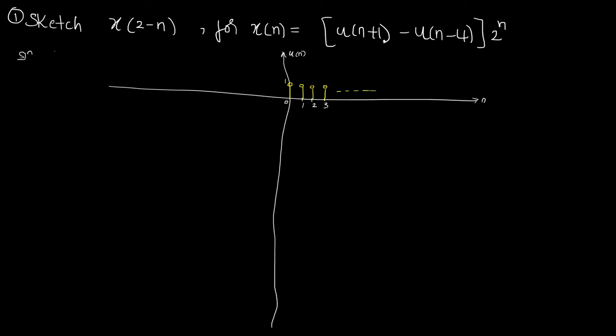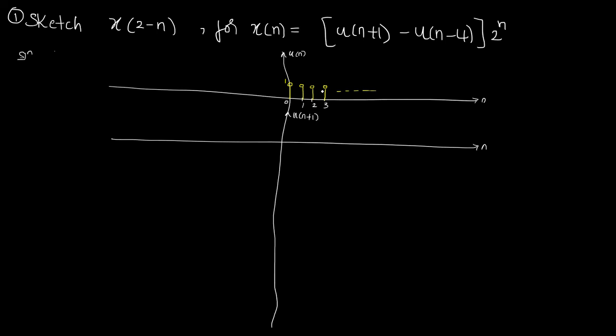But in the given expression for x of n, we want u of n plus 1. U of n plus 1 is a left shifted version of u of n with shifting factor 1. So from this u of n, I have to sketch u of n plus 1.